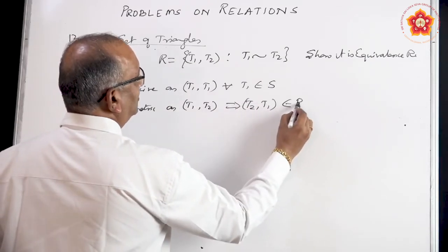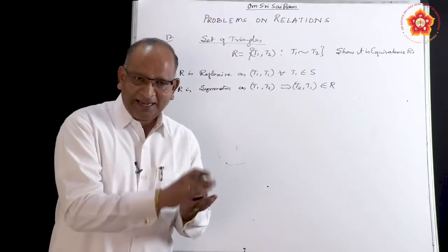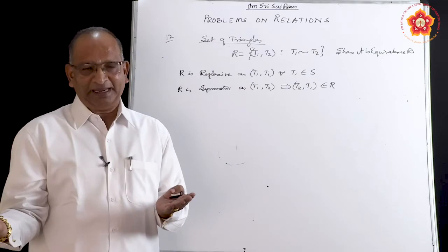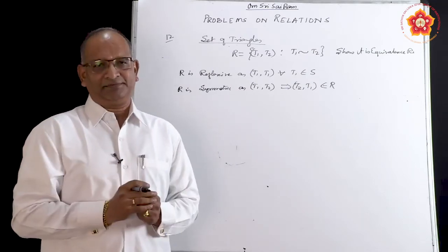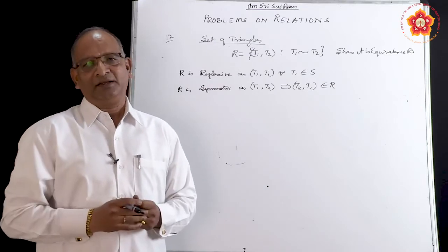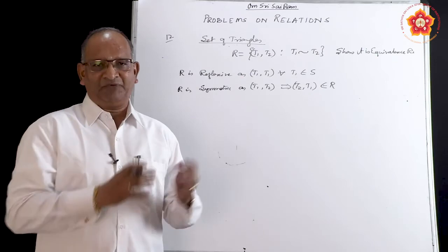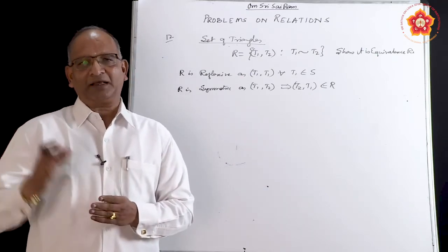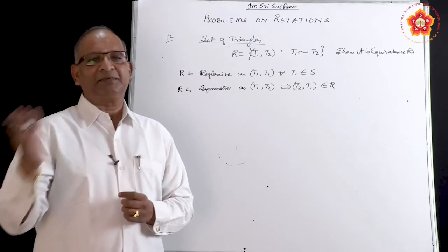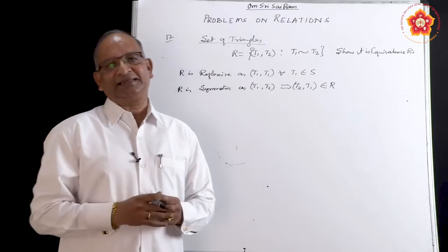They also belong to R. If one triangle is similar to the second triangle, in turn we can say that the second triangle is similar to the first triangle. So we conclude that there is symmetry in this particular relation. If triangle T1 is similar to triangle T2, we can conclude that triangle T2 is similar to triangle T1. So in this particular way, there exists the symmetry.